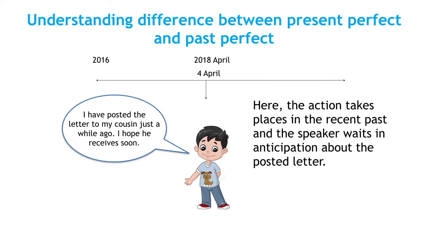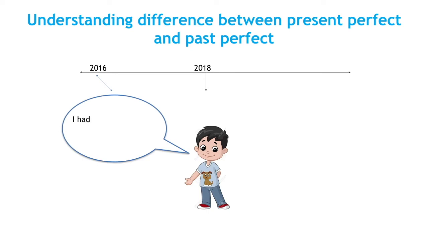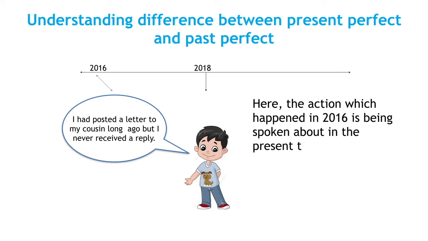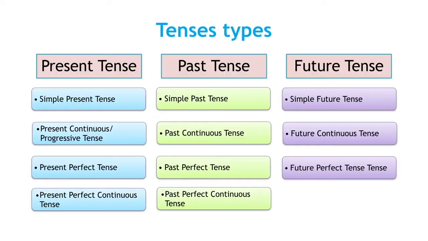In 2018, Sri Sol says, "I had posted a letter to my cousin long ago, but I never received a reply." Here, the action which happened in 2016 is being spoken about in the present time. The action took place in the distant past.